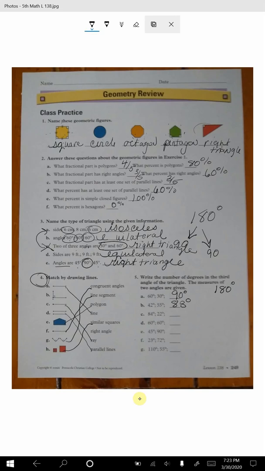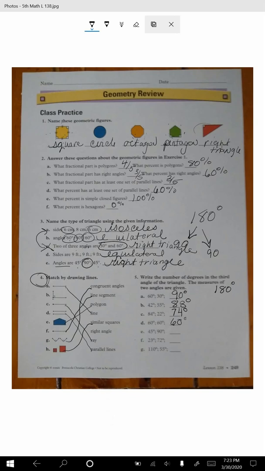84 plus 22. I believe if I add those two together, I get 106. Are we right? What is 106 from 180? I'm thinking it's 74. Am I right? 60 and 60. Wow, one more 60 will make 180.